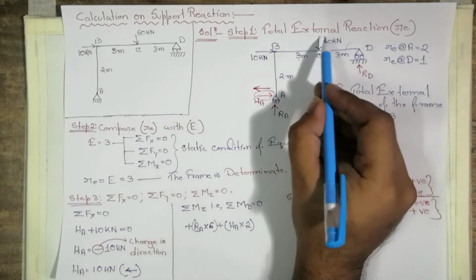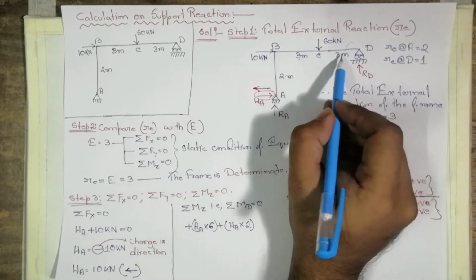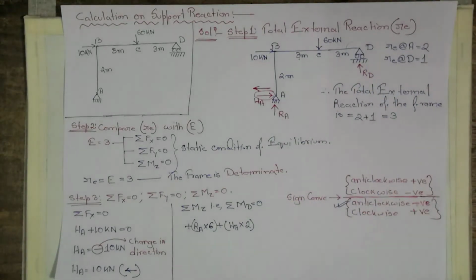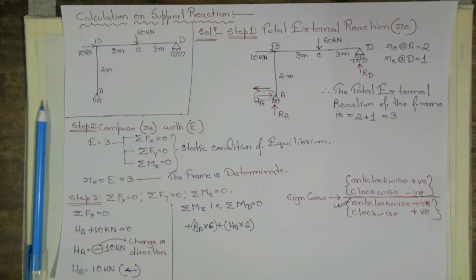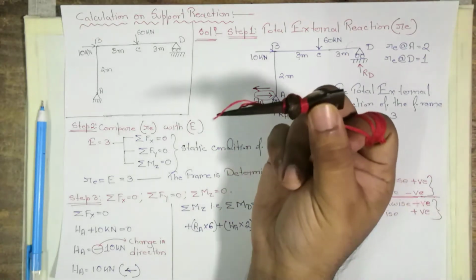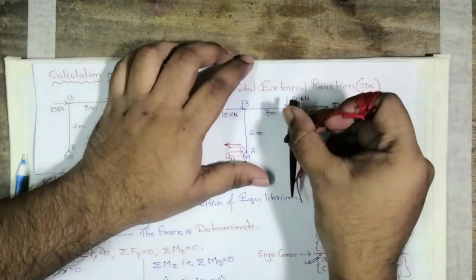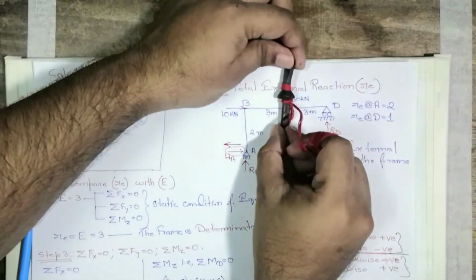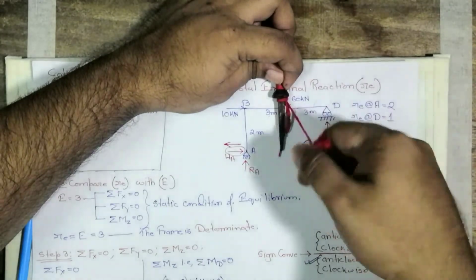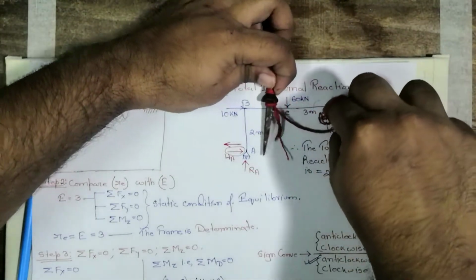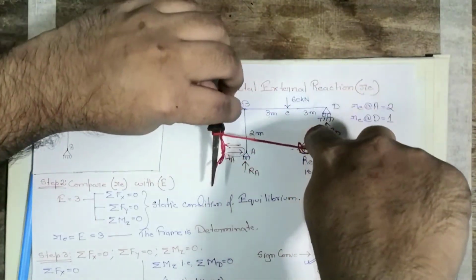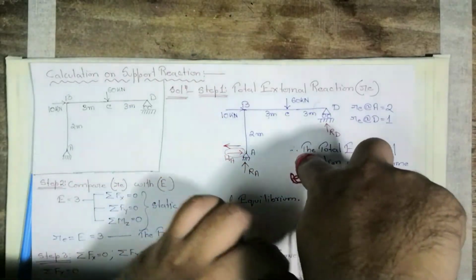Now for the 60 kilonewton load, which is acting vertically downward and is 3 meter away from point D. Similarly, from the above case, let this particular metal strip be the 60 kilonewton load, and this string be 3 meter from point D. What will be the direction in this case?